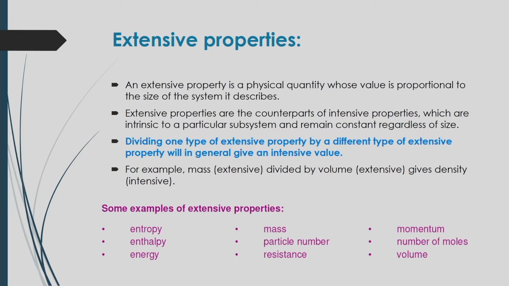For example, mass is an extensive property, and if you divide it by volume, which is also an extensive property, it gives density, which is an intensive property. So, that is why mass divided by volume results in an intensive property called density.